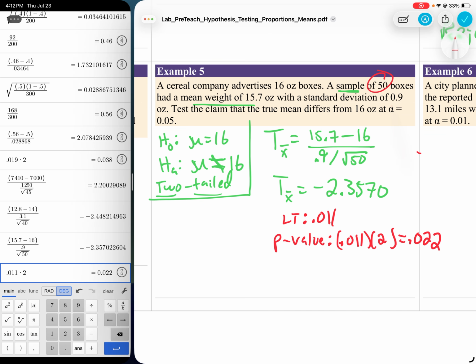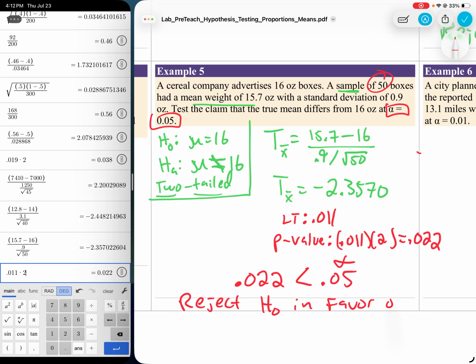And we are testing this at the claim of alpha of 0.05. So is your p-value bigger or smaller than the alpha we're testing? In this case, the p-value is smaller than our alpha, which means we have statistically significant enough evidence to reject the null hypothesis in favor of the alternate hypothesis.